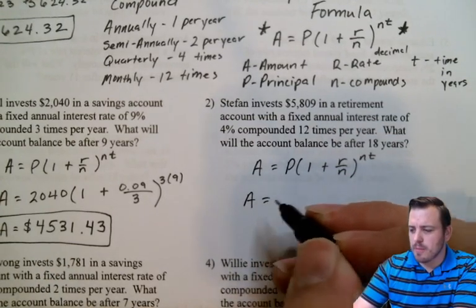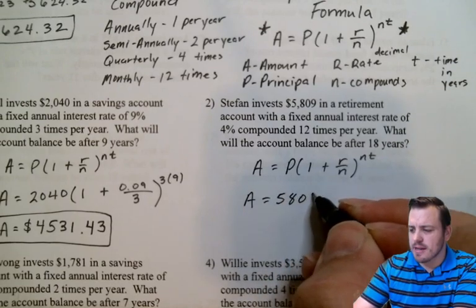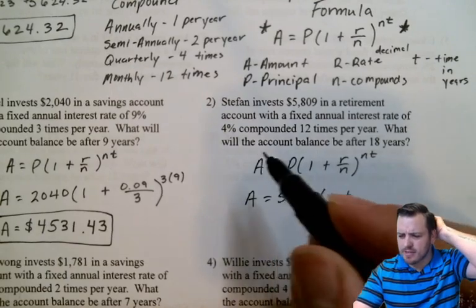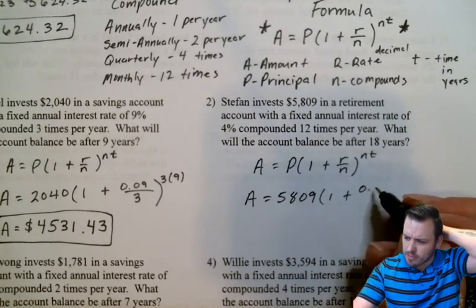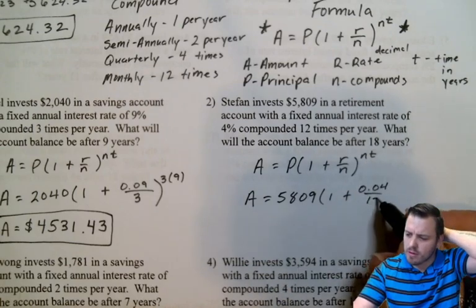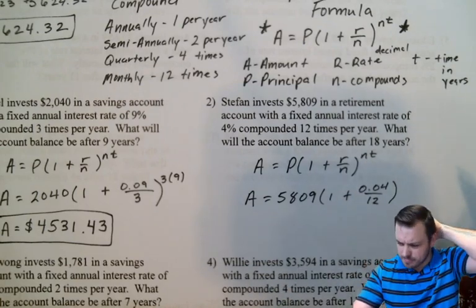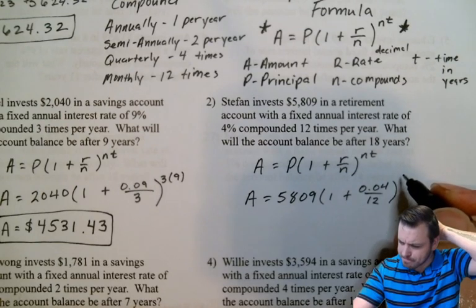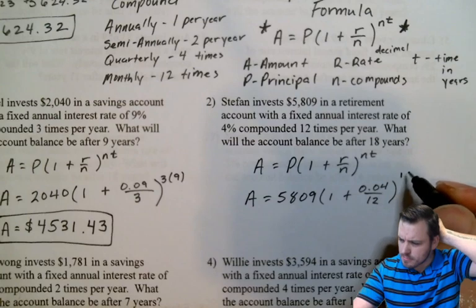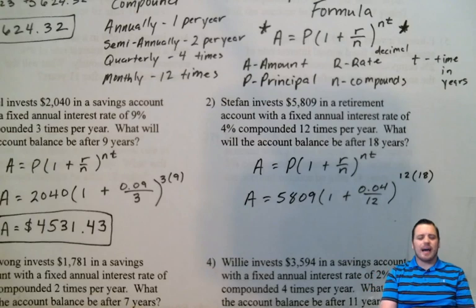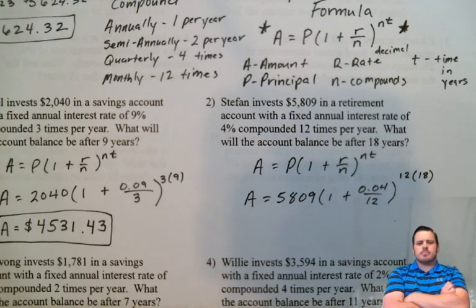Our principal amount is 5,809 times 1 plus my rate is 4%, so that's 0.04 over the number of compounds, which is 12, raised to the number of compounds, which would be 12 here, times 18 years. Someone type that into your calculator.